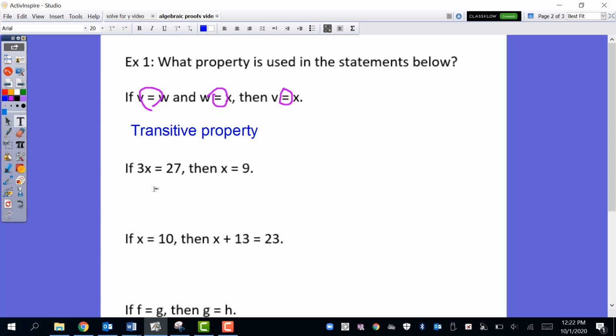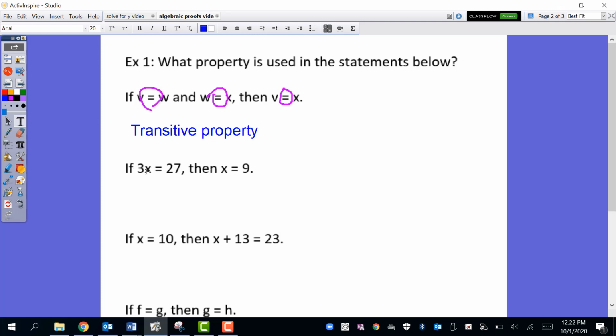That means transitive property. The next one says if 3x equals 27, then x equals 9. In ones where there's actually numbers, clearly something has changed from the first part of the sentence to the second part of the sentence. I see there used to be a 3 in front of the x and now there's not a 3.